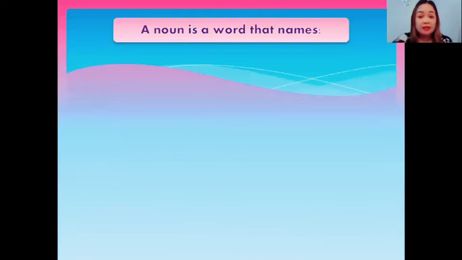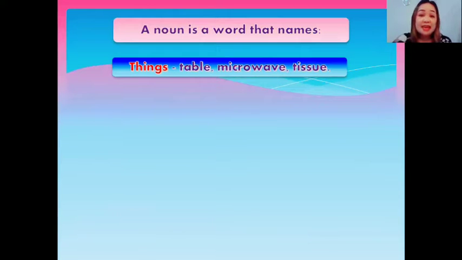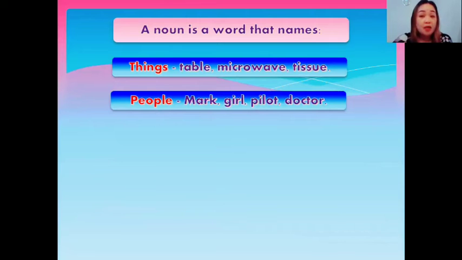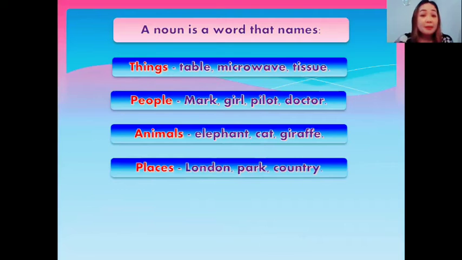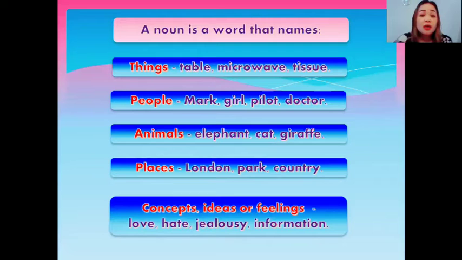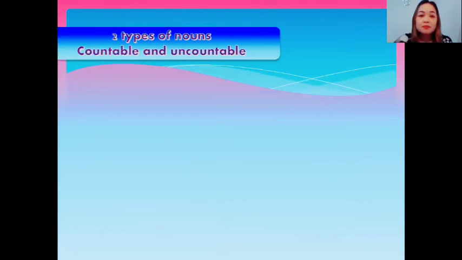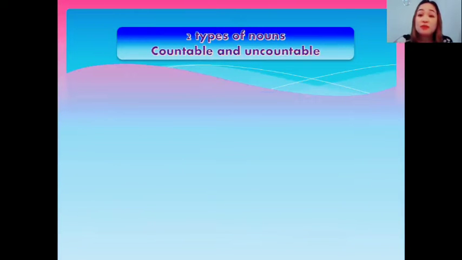A noun is a word that names things like table, microwave, tissue, or people like Mark, girl, pilot, doctor, or animals like elephant, cat, giraffe, places like London, park, or country, or concepts, ideas, or feelings, love, hate, jealousy, or information.